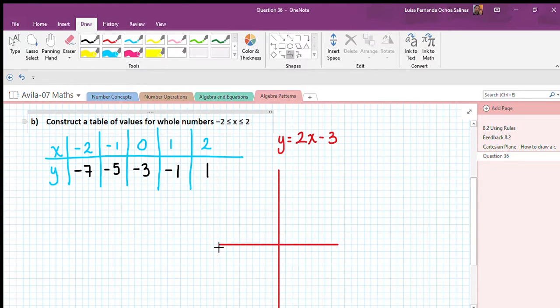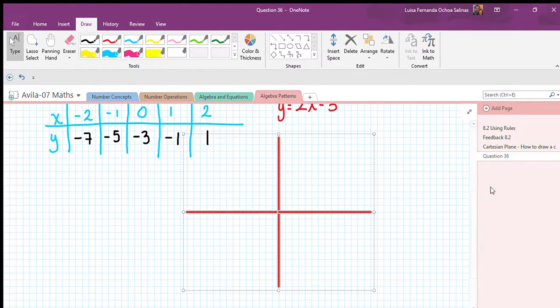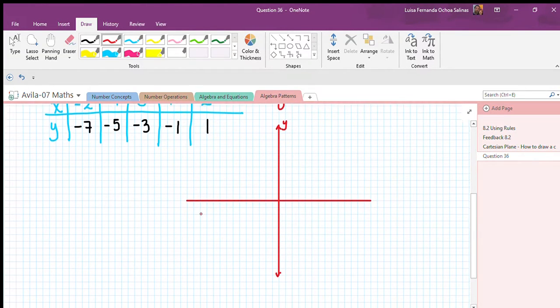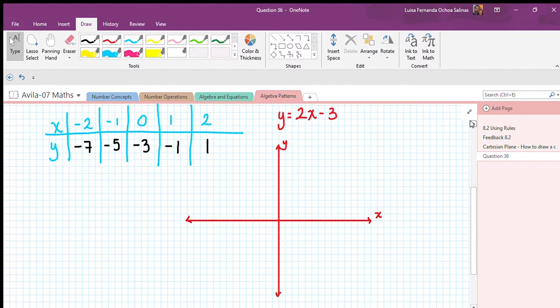So I draw this Cartesian plane here. Beautiful. Okay, and I'm going to put here my arrows. So this one is y, an arrow here, an arrow here, an arrow here, and this one is called x. Each two squares is going to be a number in x.